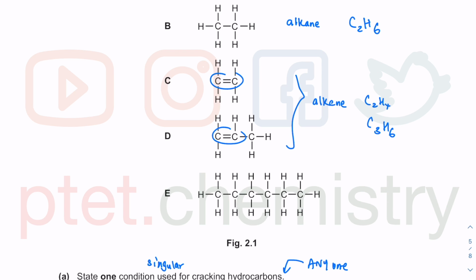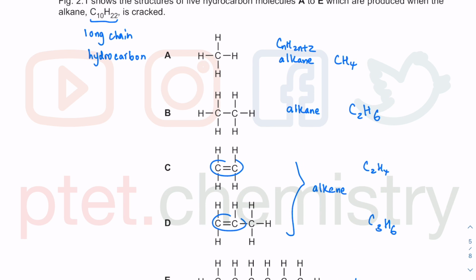The last one is alkane again because they are all carbon-carbon single bonds: 1, 2, 3, 4, 5, 6 carbons, and 14 hydrogens.